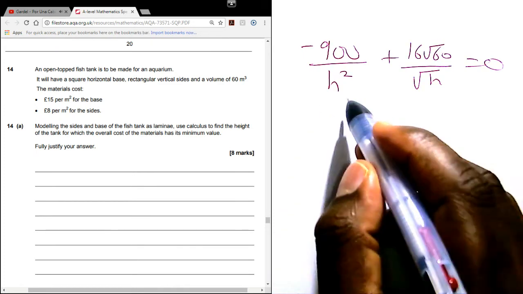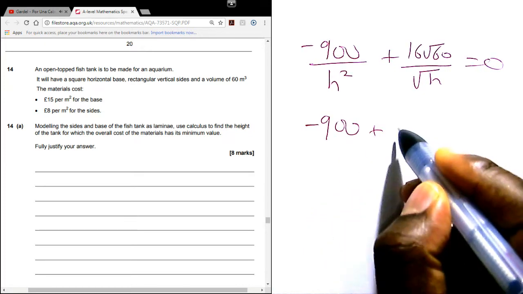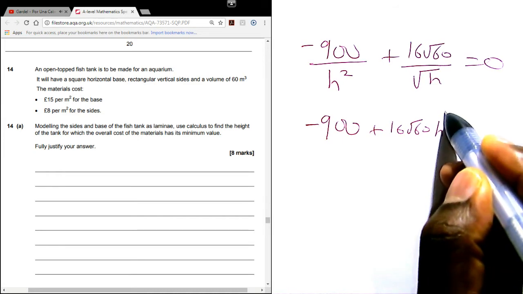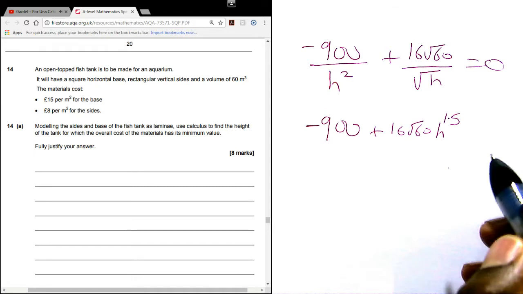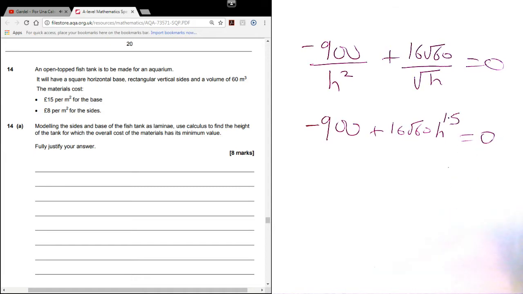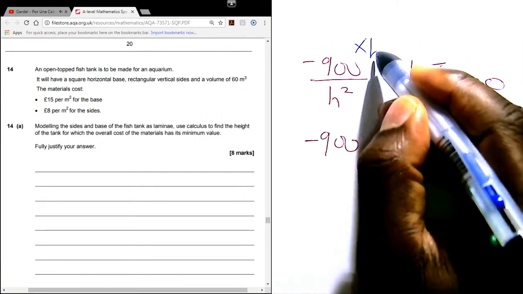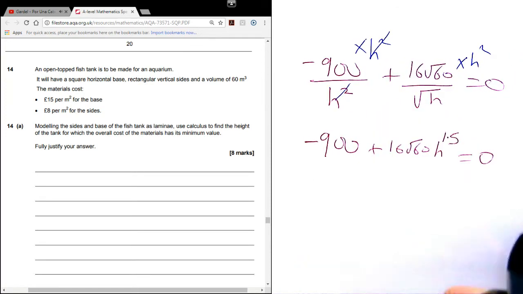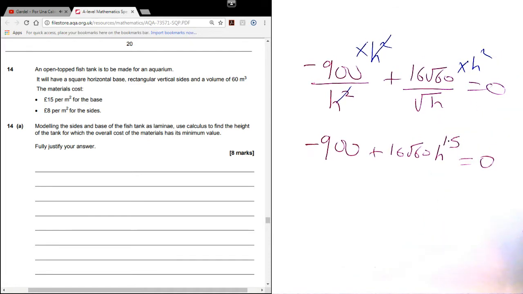So when you multiply by h squared all through, you have minus 900, you have 16 root 60, and this is h to the power 1.5, and then you have 0 there. That's what I got by multiplying both sides by h squared. The h squared cancels the h squared, whereas this is 2 minus a half, and that's 1.5.